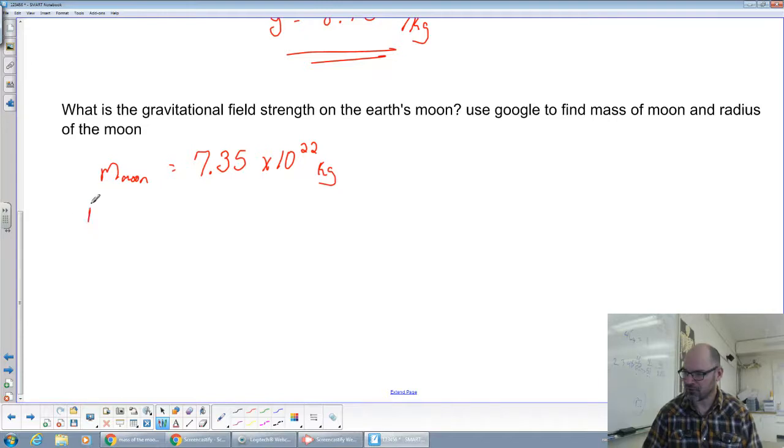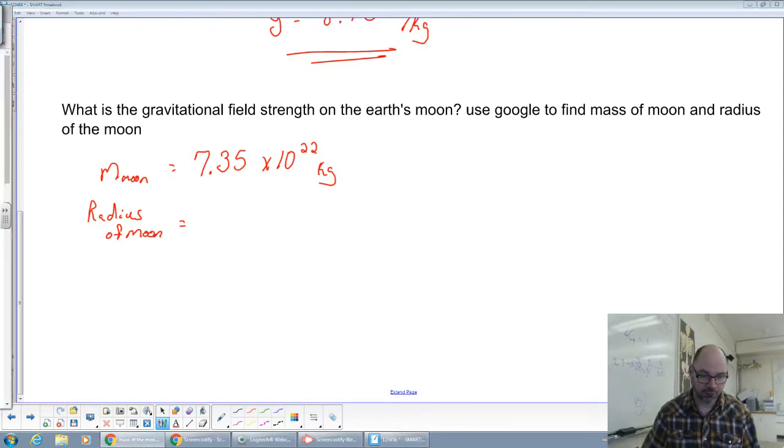Okay, and the radius of the moon. Okay, let's look that one up. According to Google, the radius of the moon is 1,737 kilometers.